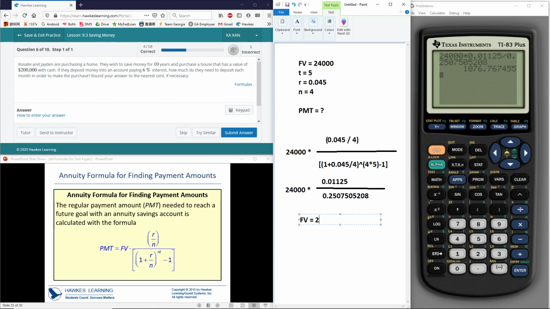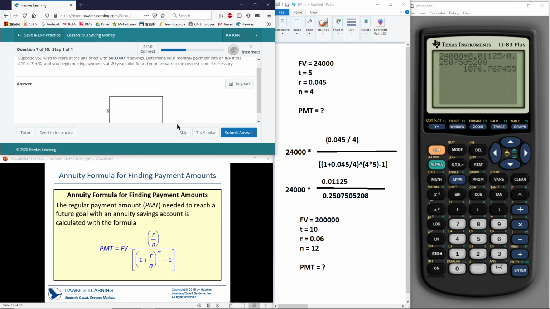You want 200,000, and you get 10 years to do this. The interest rate is 0.06, and you are looking at a monthly deposit, so n equals 12. Then the question is, what's the PMT? Use the same formula, you will get the answer. So try this out and see.